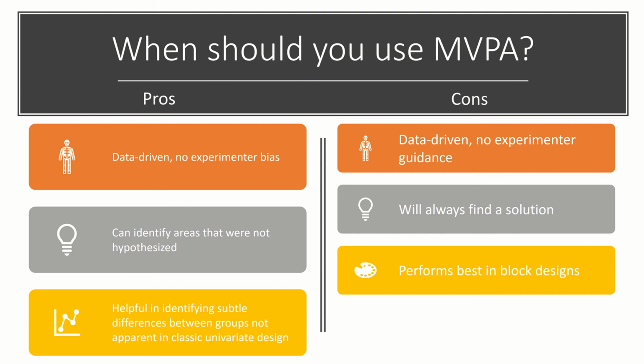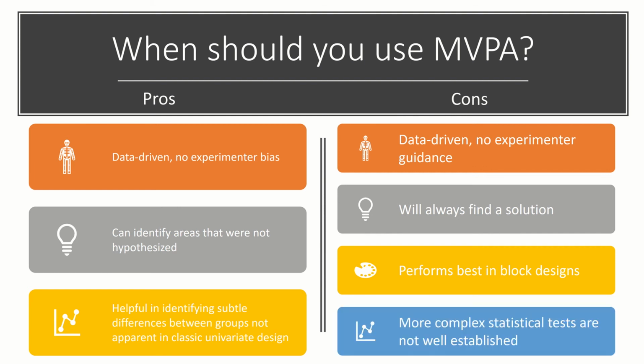Part of this is that it goes voxel by voxel instead of taking group means, so it can be more sensitive to regional differences within an ROI. And it's not as common as the traditional methods, so there are fewer gold standards. There are a couple of common ways to do it, and no clear single best way.